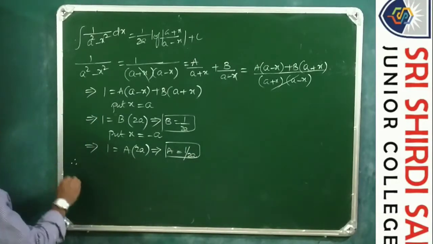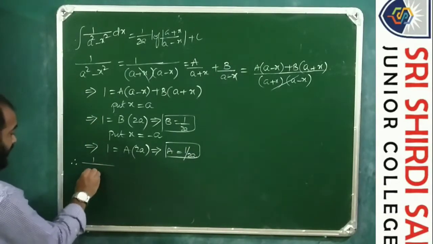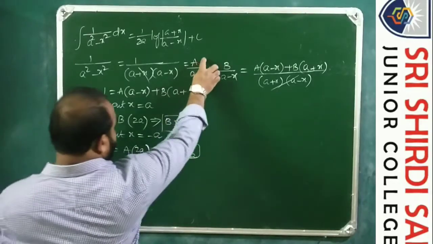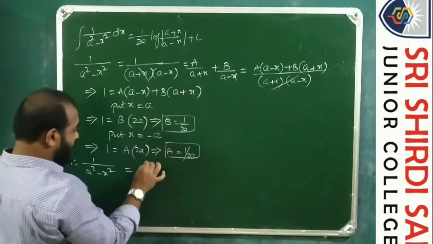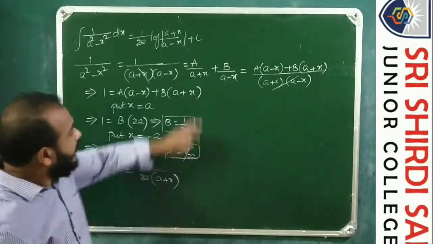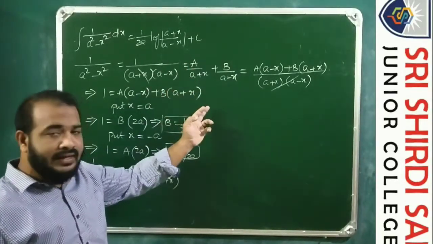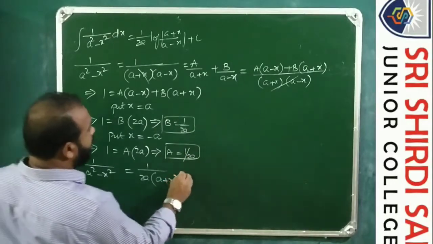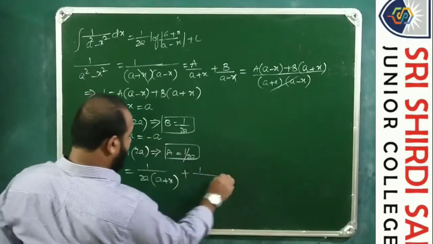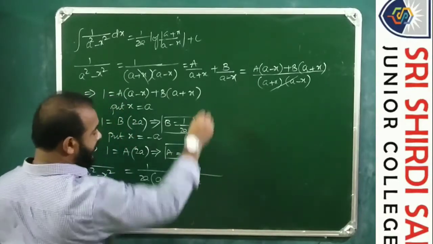Therefore 1 by a square minus x square is equal to: the value of A is 1 by 2a by a plus x, that is 1 by 2a into a plus x, because a by b by c is a by bc, plus the value of B is 1 by 2a by a minus x.